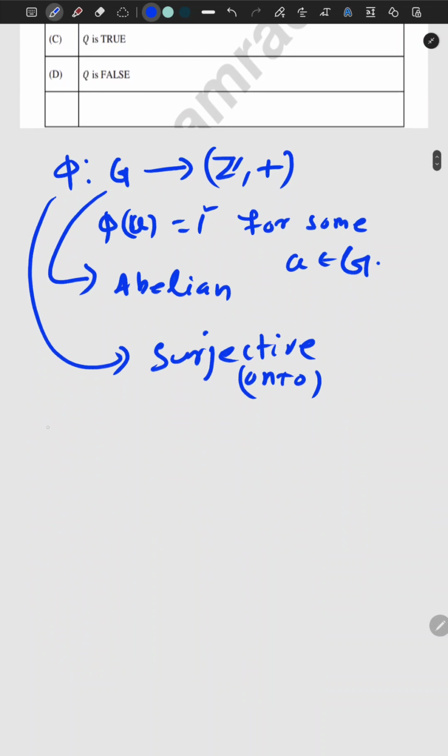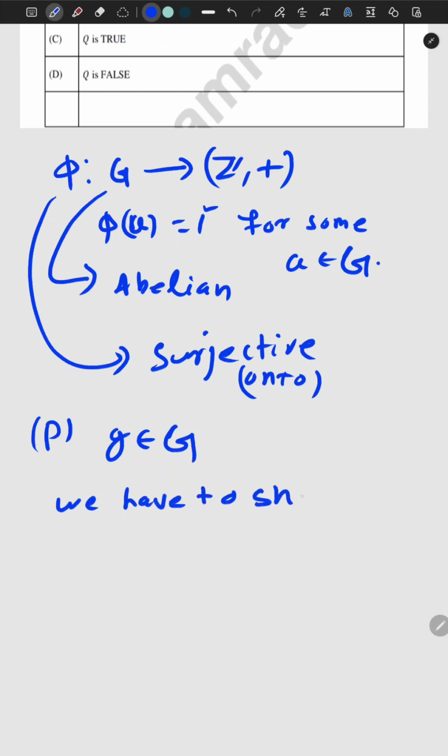So g belongs to G is given, and we have to show that there exists an n belonging to the set Z such that g a to the power n belongs to the kernel of phi.